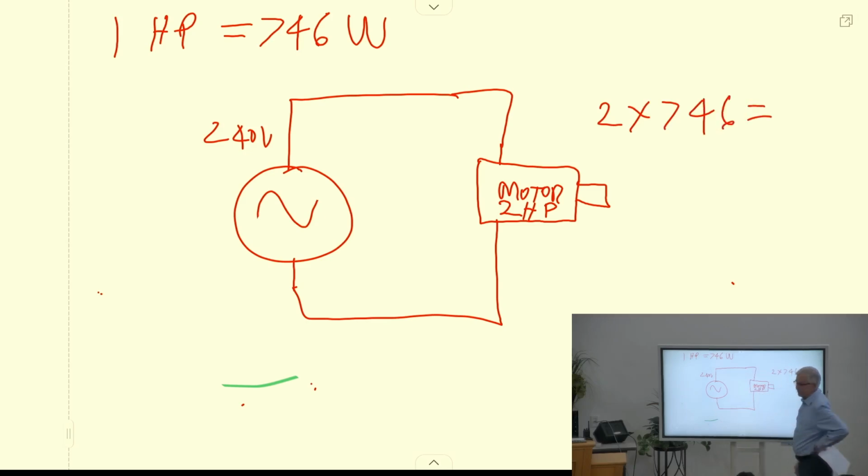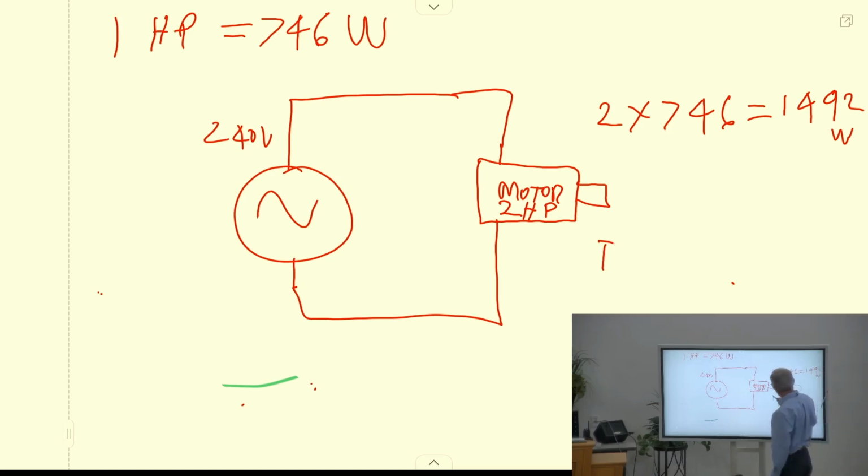For our motor, 1480 plus 12, 1492. Did I do that right? We've got 1492 watts. So we know the wattage and we know the voltage, so we should be able to compute the current.